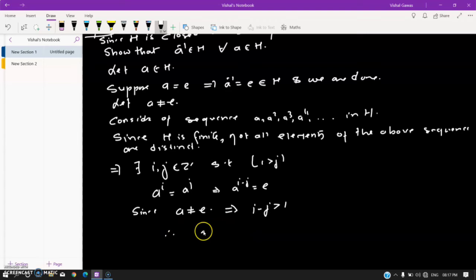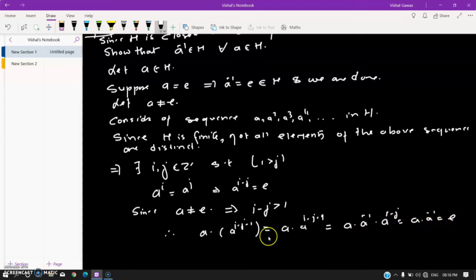Therefore, let's look at this one. A into A raised to i minus j minus 1 is equal to A into A raised to minus 1 into A raised to i minus j, which is nothing but identity.